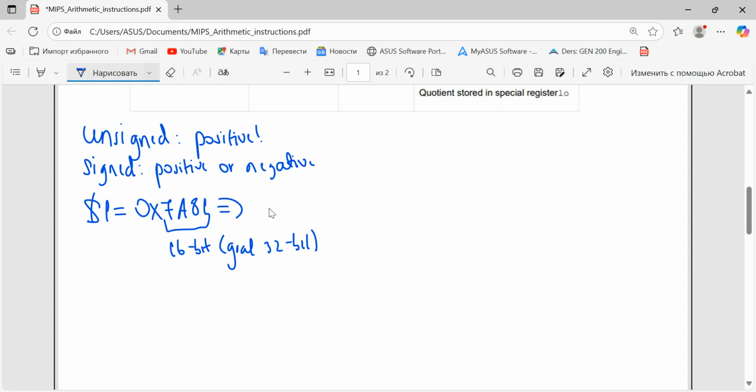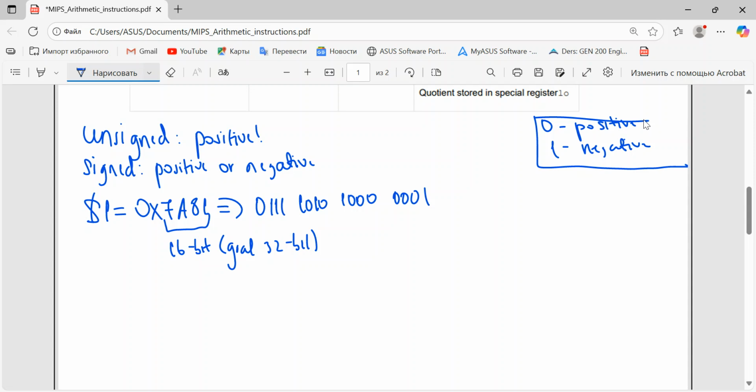First of all, we have to represent this number in binary format, and take a look at the first bit. If the first bit is 0, the number is positive. If the first bit is 1, the number is negative. That's a reminder for you. The first bit is 0, but right now we are working with the unsigned representation, so we don't care if the first bit is 0 or 1, the number is always positive.